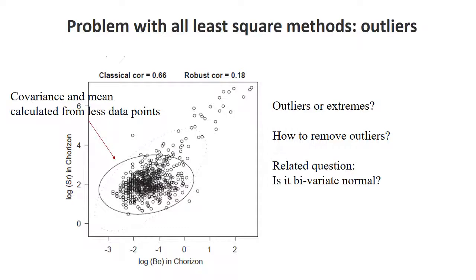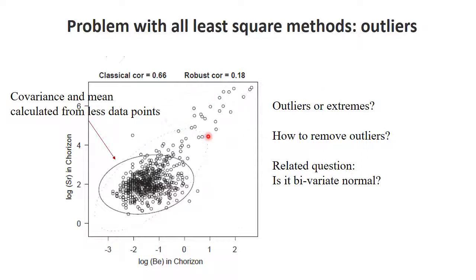So here we just have an example where we summarize some of the statements we've made before, on how a covariance is affected by the presence of outliers or extremes. Here is just another data set, a soil data set, and it's clear that if I would use all the data values that are available, then the correlation coefficient would be 0.66. While if I assume these are outliers and remove them from the analysis, let me put my pointer.